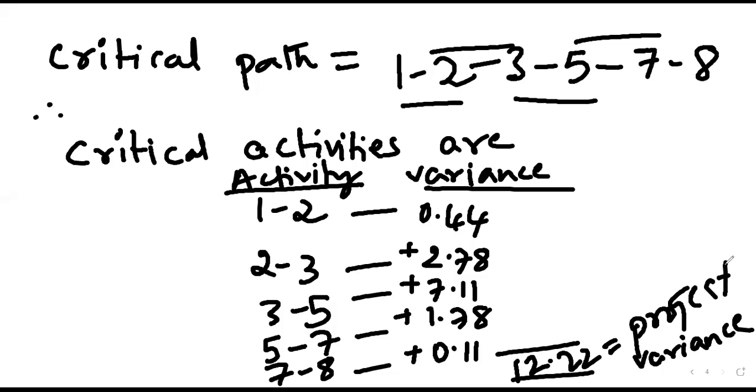So if the project duration is 47, the project may complete plus or minus some duration. Not exactly 47, but plus or minus some value, plus or minus the variance. This is basically the variance of the project.